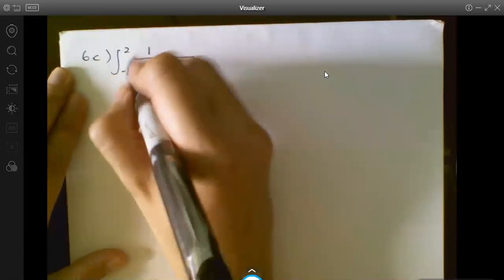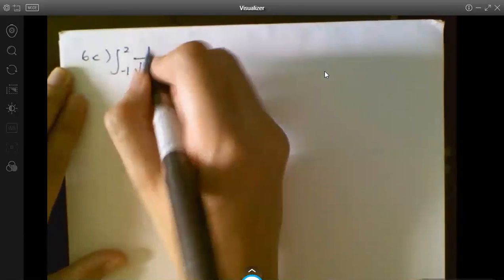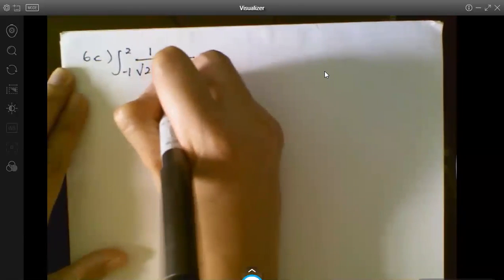If not stated, your angles, if any, will be in radians. So we need to first try to match it with a formula, then use the formula, and then sub in the limits.